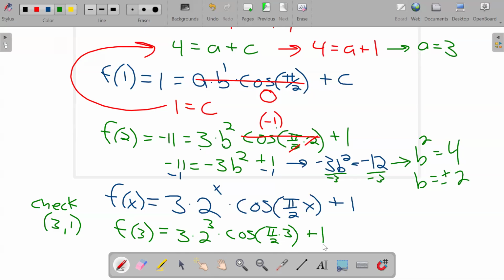Okay, cosine of 3 pi over 2, three-quarters of the way around the unit circle, the x value is 0. We're going to have 0 times all of this, plus 1 is 1, which does check.